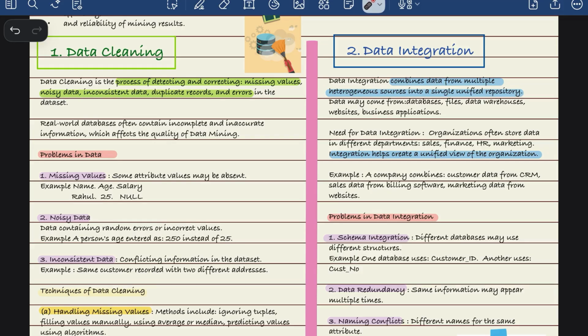So this is the naming conflict, and such things often exist in the real world. It is very important that we combine all this data into one single unified view, so that it is used for accurate insights, right? So integration helps to create this view.